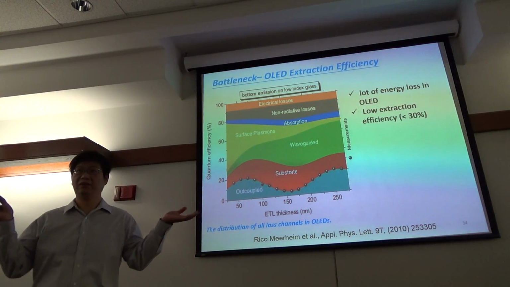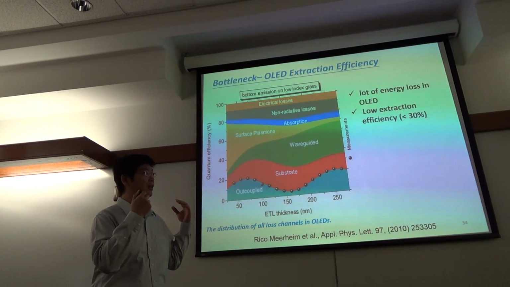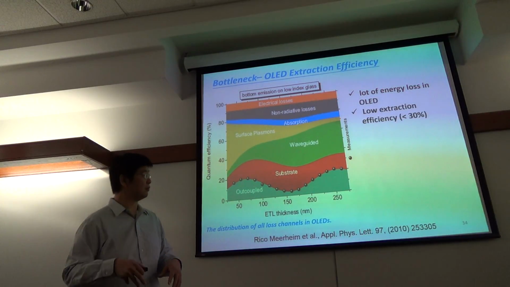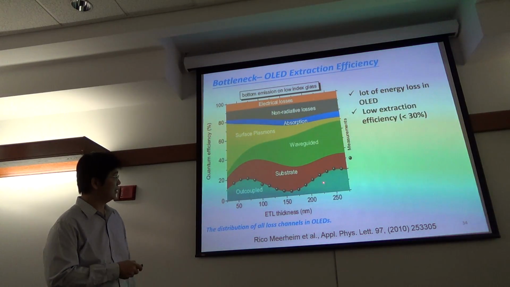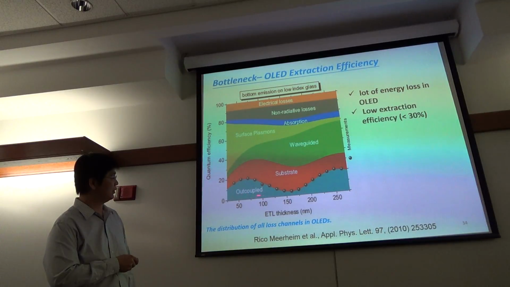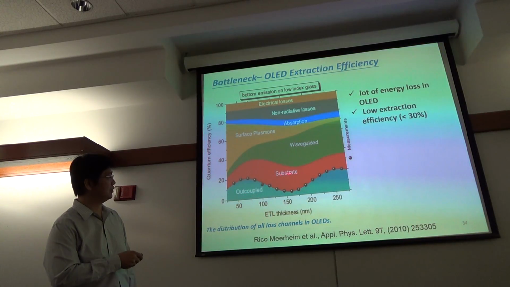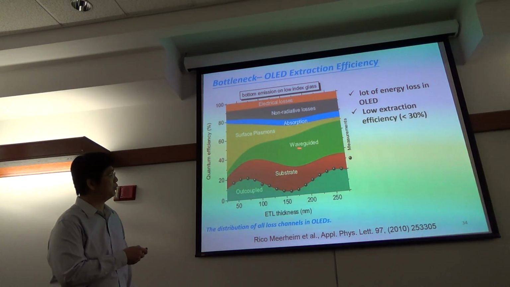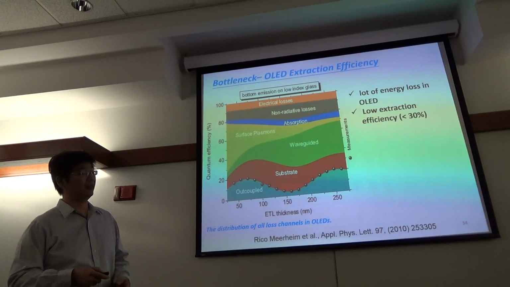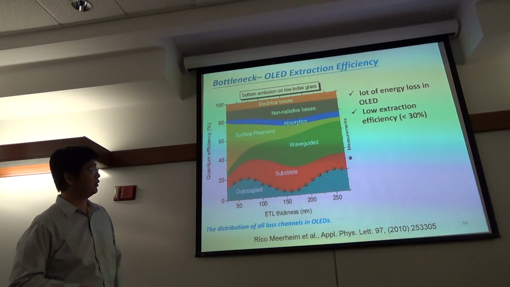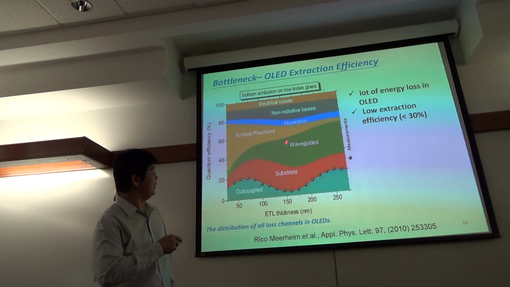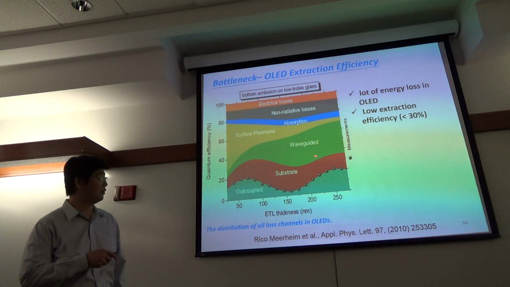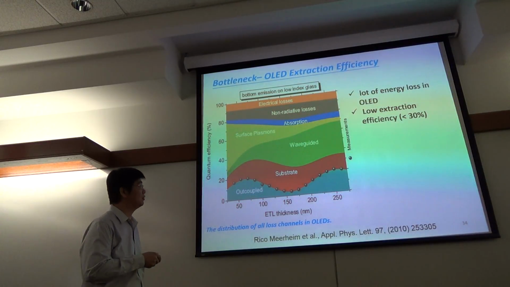Light goes to the high refractive index places. For the outcoupling medium, air, the refractive index equals 1. For the substrate, the refractive index is about 1.5, that is glass. For the waveguide, the organic material and ITO, the refractive index is about 1.8 to 2.0. So here is actually the highest refractive index place, so light gets trapped here.